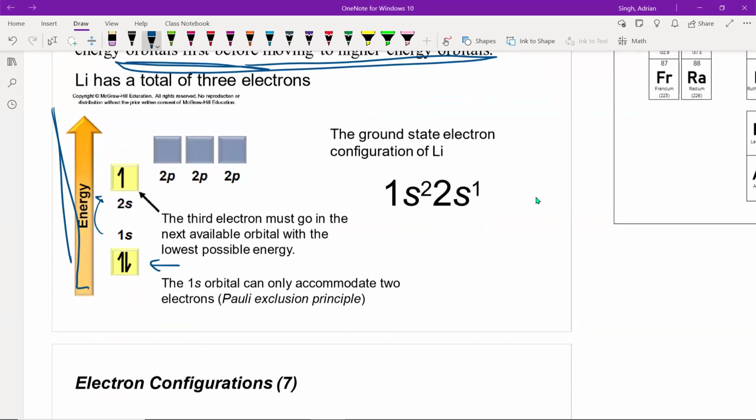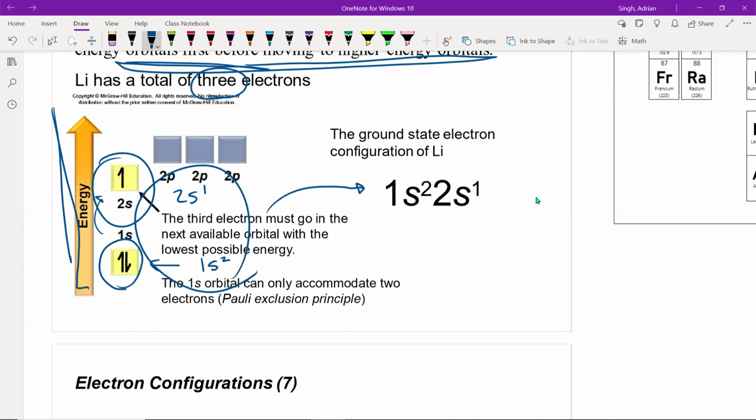Lithium, for example, has 3 electrons. So those first 2 electrons are going to go in here, so we end up with our 1s, and we have 2 electrons. Then that third electron has to go into the next energy level, which is the 2s. So that becomes 2s1, with 1 electron in there. We put these together and end up with 1s2, 2s1, and that's the way that we would read this.